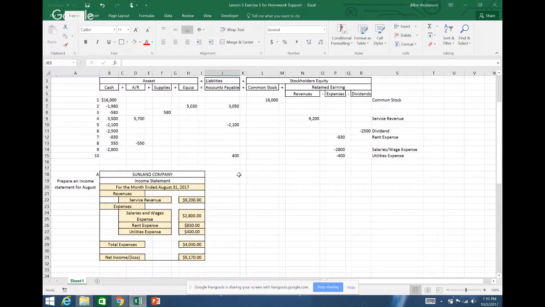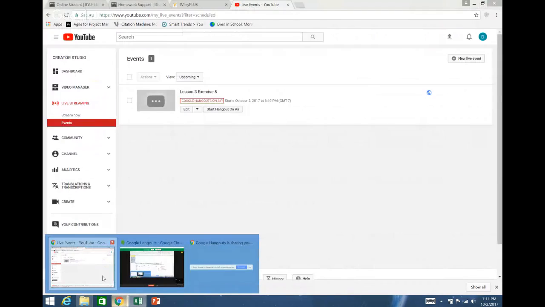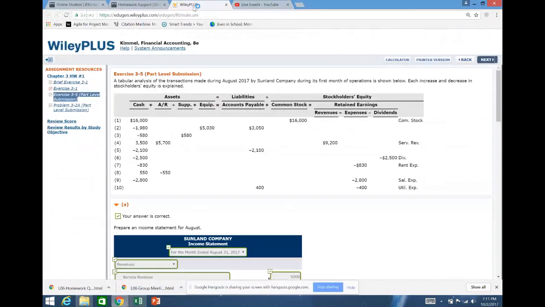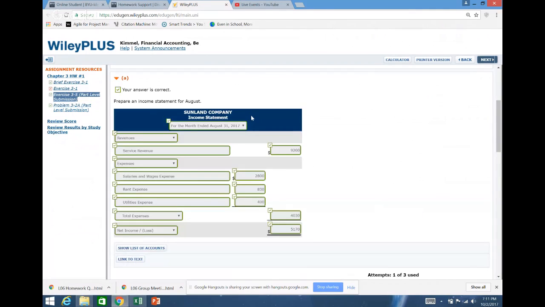I will show you under YB Plus my problem, so that way you can see that everything looks the same as I just did it in Excel. So up here we have our question, our layout of the operations shown of assets, liabilities, and stockholder equity. Right here we find our income statement. As you can see, each of these are right that we were able to fill out.